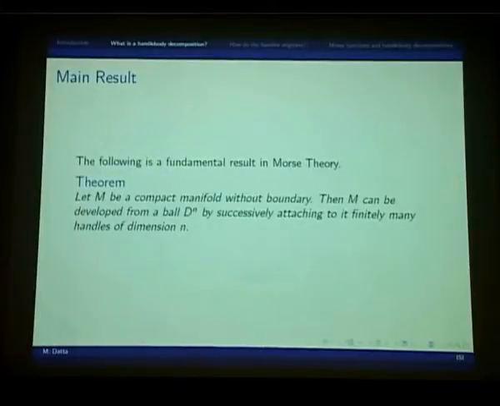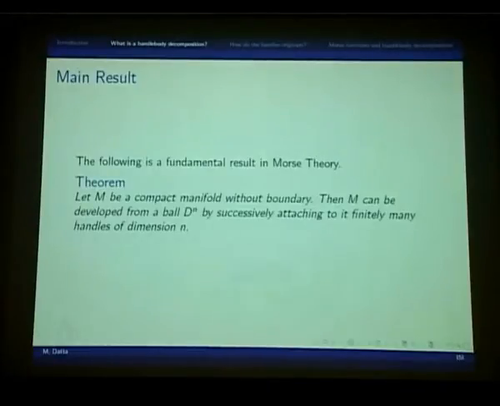Starting from a ball Dn and successively attaching to it some handles of dimension n, with indices that may be different, I can get back my M. So every manifold M can be developed from a ball by attaching a certain number of handles. If M is compact, the number of such handles will be finite.